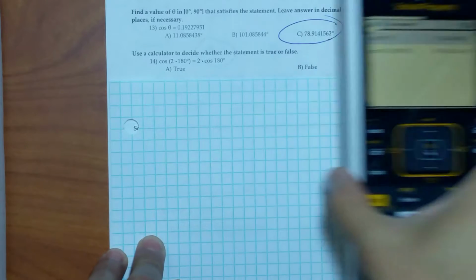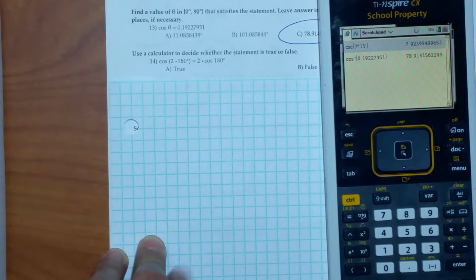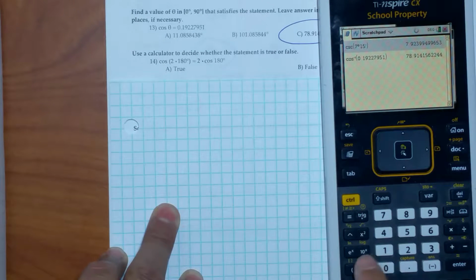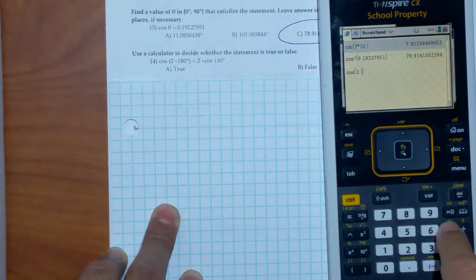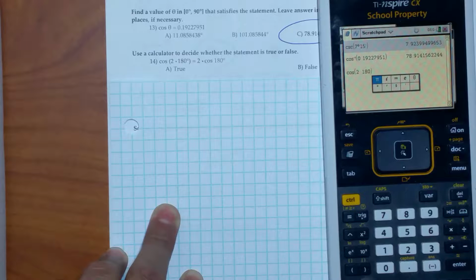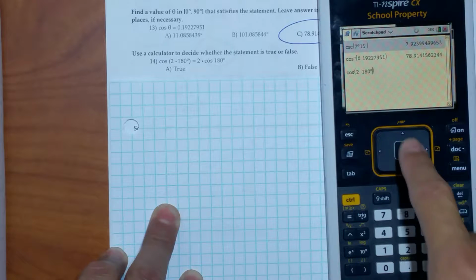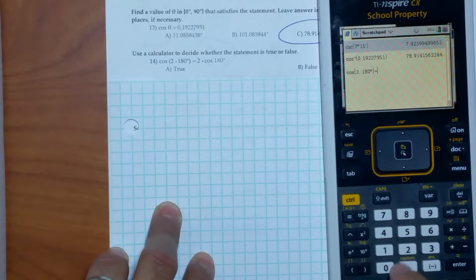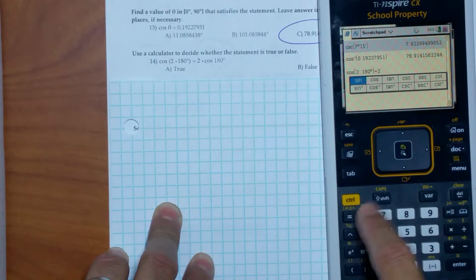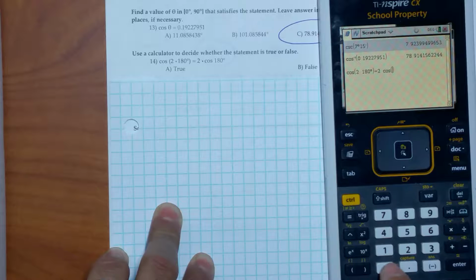So this one, let's enter it in. So it's going to be cosine 2 times 180 degrees, close, equals 2 times cosine 180 degrees.